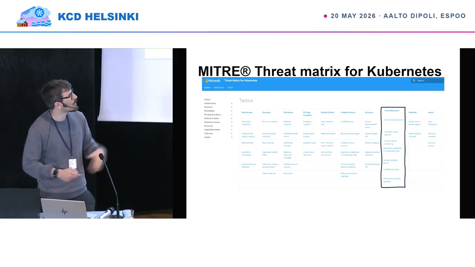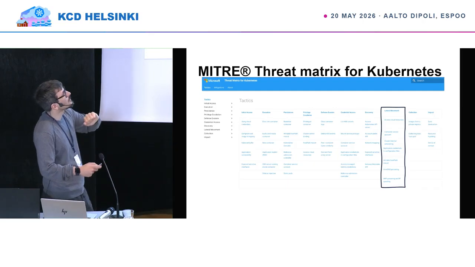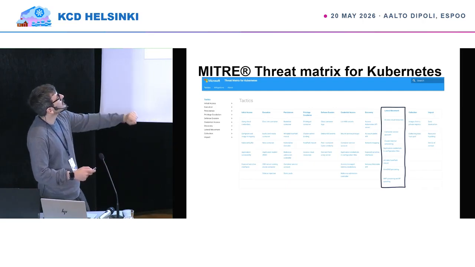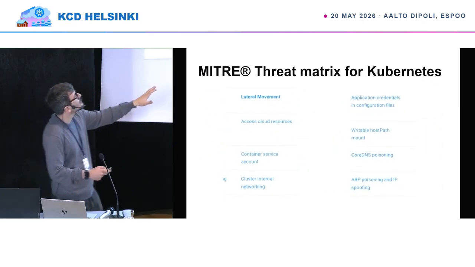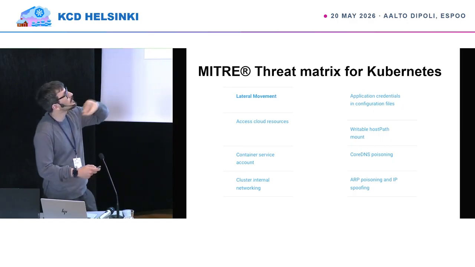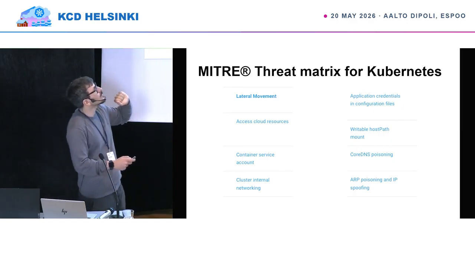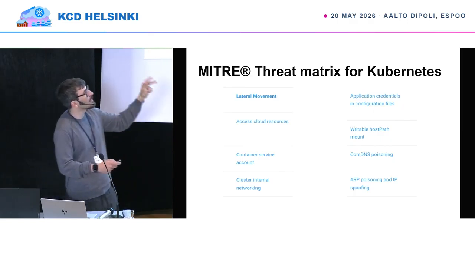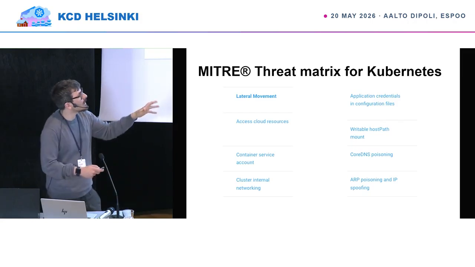And to do that, we simply collected those techniques. If we zoom in, when we look at lateral movement, we see a lot of information regarding hostPath, CoreDNS poisoning, and IP spoofing.